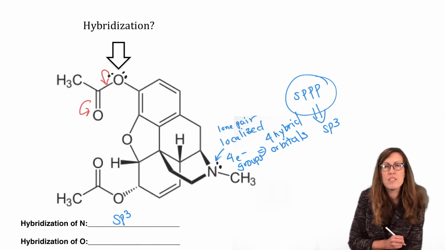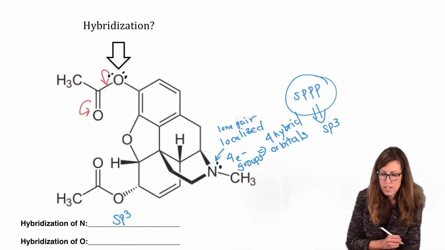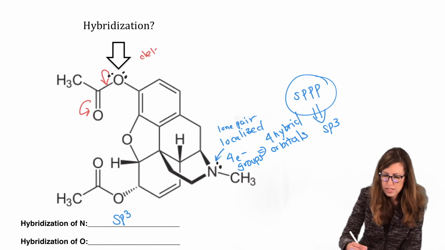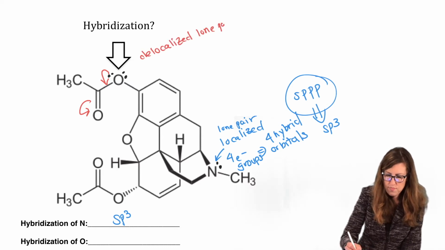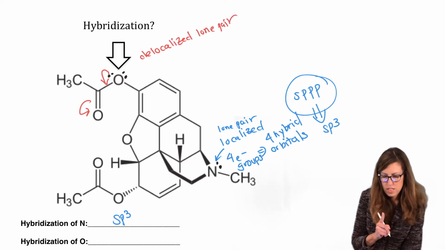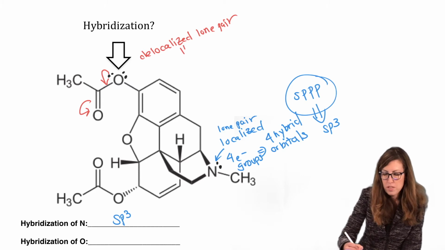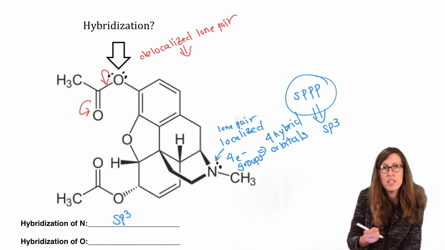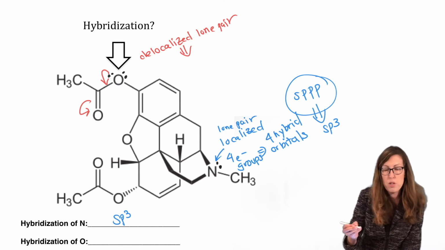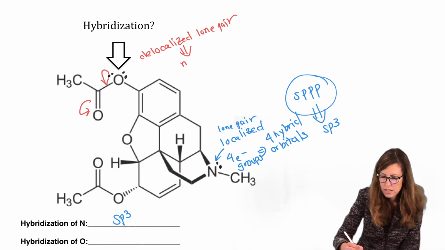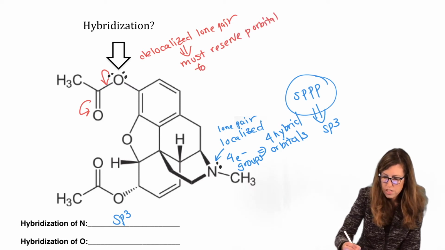That means that's one of the resonance patterns, right? So a delocalized lone pair. You have to be careful, because if it's delocalized, it must be in a p orbital. You can't turn that into a pi bond in the next resonance structure unless it's actually going to use a p orbital. You have to have the p orbital available for that. So you must reserve a p orbital for delocalization.